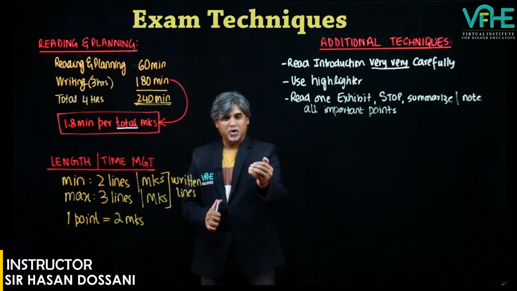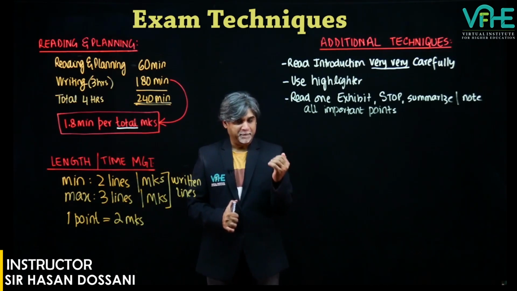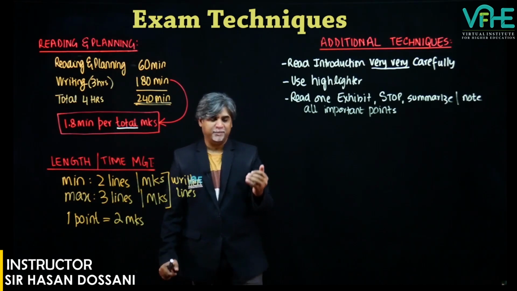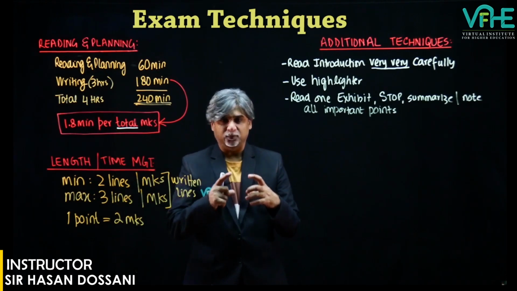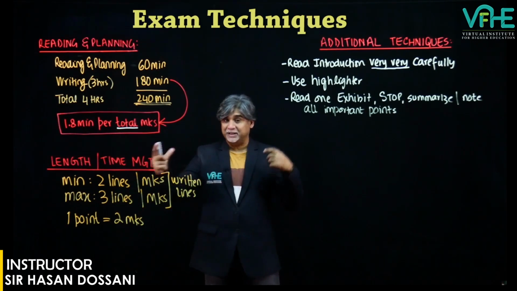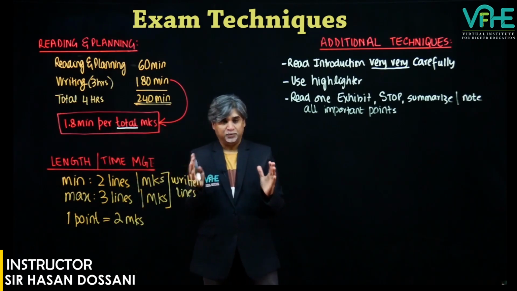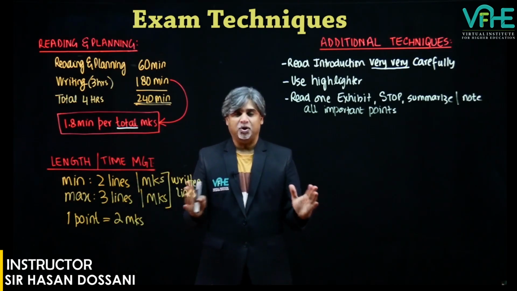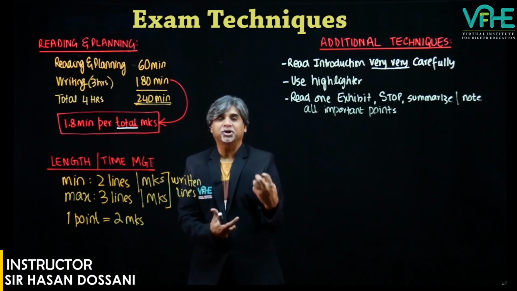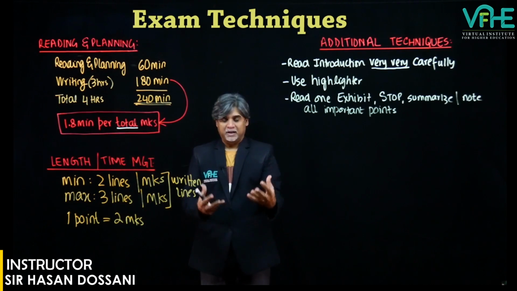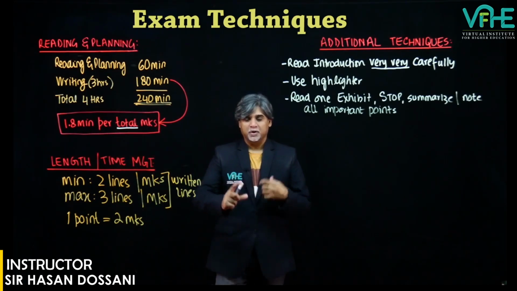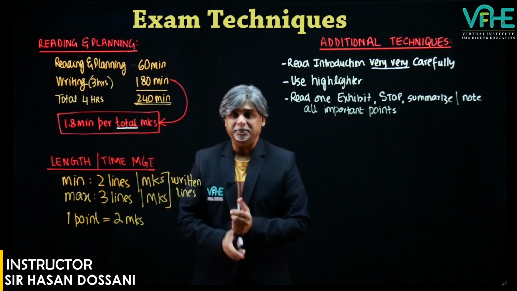If you make a small list of some important points mentioned in the exhibit, 4 points, 5 points, 6 points, that small list will be your power list, and you can use that list in your answers. So it's worth stopping for 1 minute or 2 minutes and trying to summarize the key messages from that exhibit into small bullet notes, just to be used for your answer planning purposes.